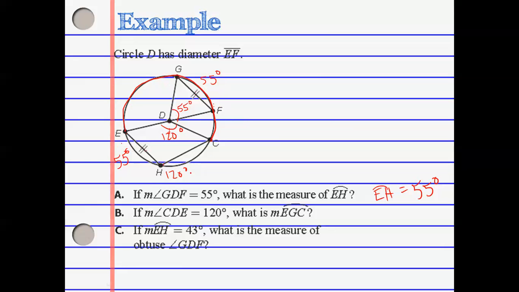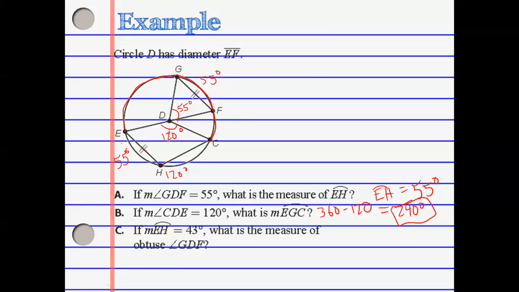So we know this all has to add up to 360. So what we would do is take 360 minus 120, which is going to give us 240 degrees. So that would be the degree measure of arc EGC.